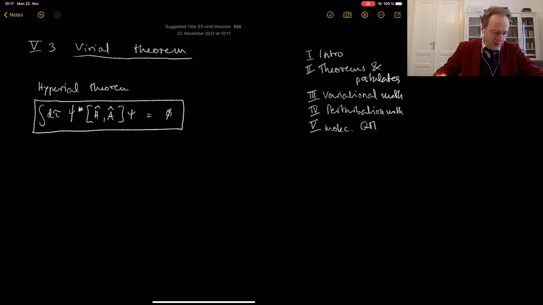We then saw that if you use as A the sum over position and momentum products, you then arrive at what is known as the Virial Theorem.